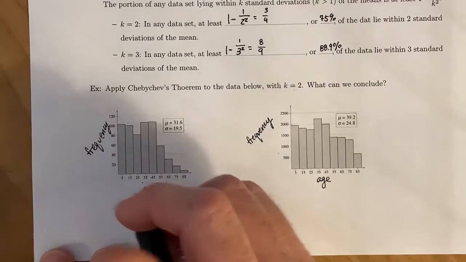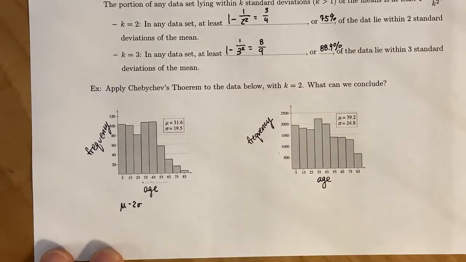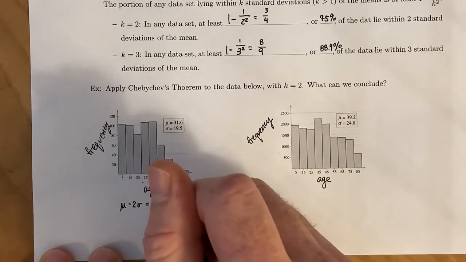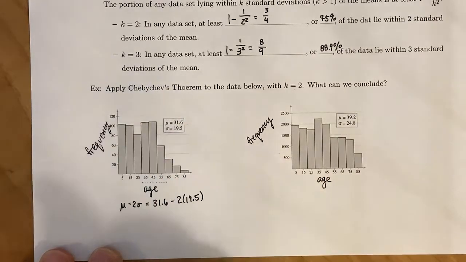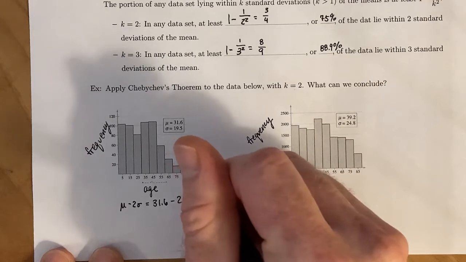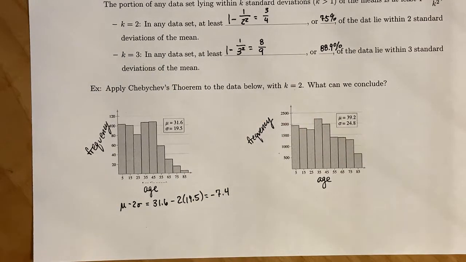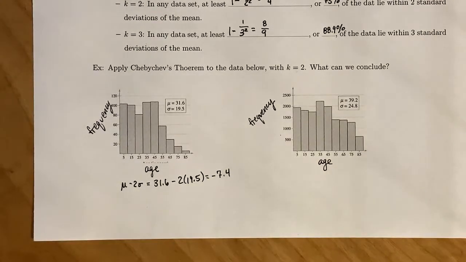So if we look at mu minus 2 standard deviations, that's really 31.6 minus 2 times 19.5, which gives us negative 7.4. But that doesn't make sense as an age. And so contextually, since we're talking about age, we have to stop at 0. We're not going negative age at all.